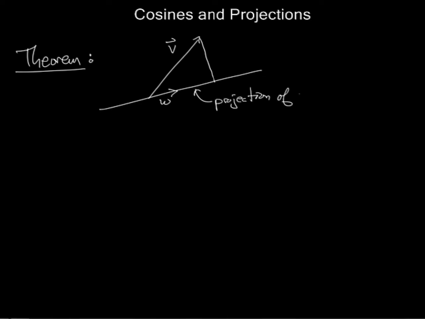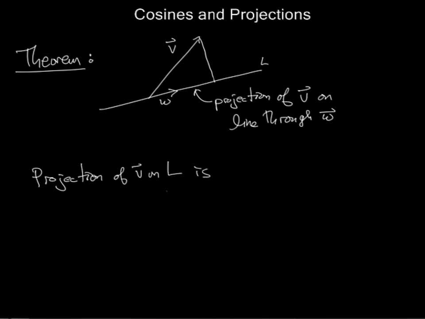And to compute the projection of the vector on the line, that is to say the line through w, the formula is the projection of v on the line is equal to the following vector. It's the scalar v dot w over w dot w times the vector w. It's this scalar times the vector w.